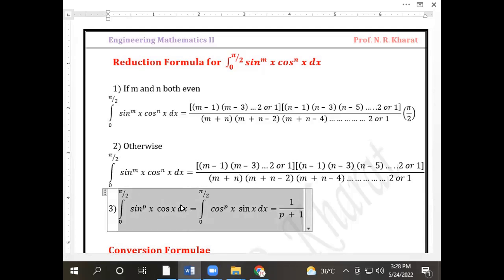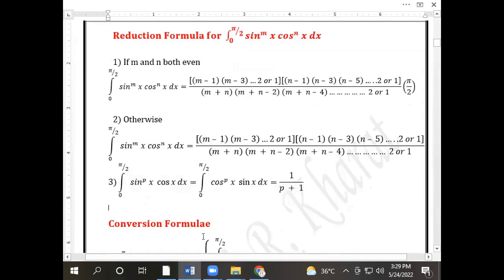It means we have to identify the index of sine and cos; if any one of them is 1, and the second function's index is any number, we add 1 to that number, and its reciprocal is the final solution.